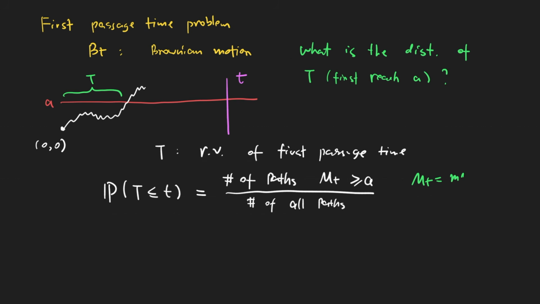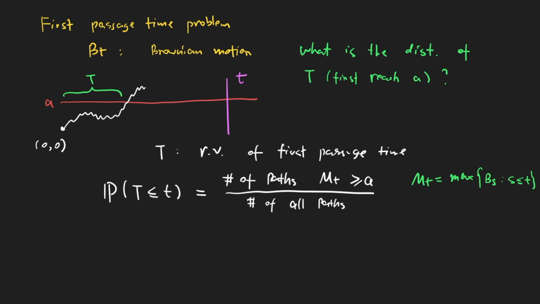We can write that as the Brownian motion, let's say B of s, with M smaller or equal than t. So if the first passage time to A is smaller than small t, then the process must reach beyond the threshold A before the time t.